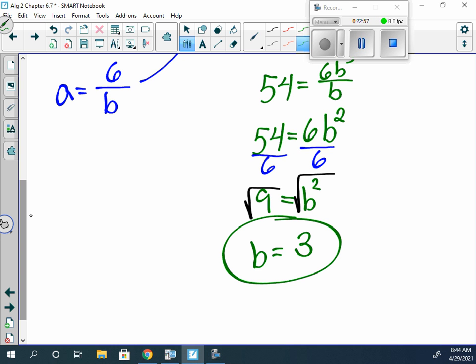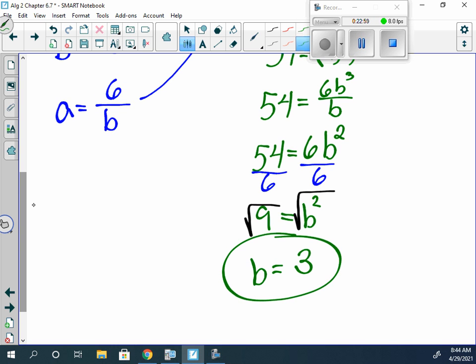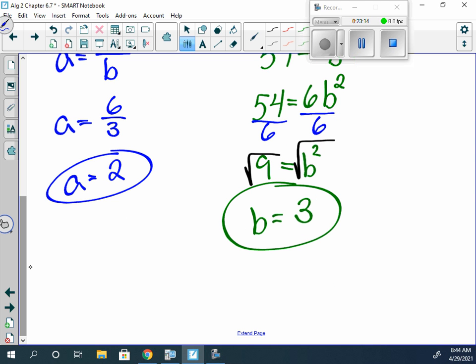Now we need to find the value of a. Well, a is equal to what? 6 divided by b, so a is equal to 6 divided by 3. So a is equal to 2. So we have a and b, yes?